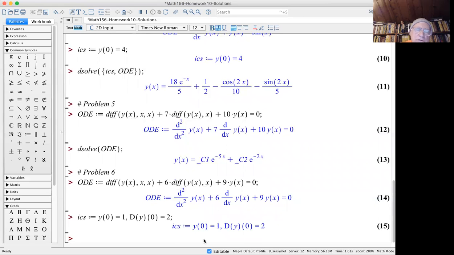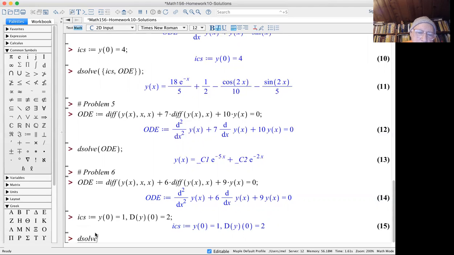So again, it's very important to learn the syntax for this. This is a first derivative, diff y of x comma x, second derivative, diff y of x and then two x's. And this is y of 0 is 1 and the derivative is 2 at x equals 0.